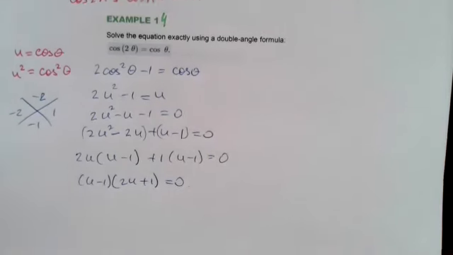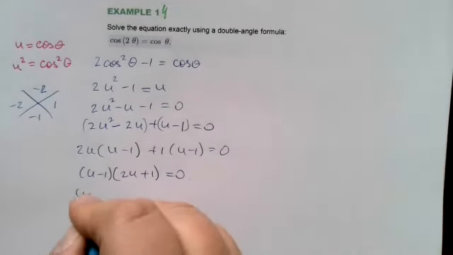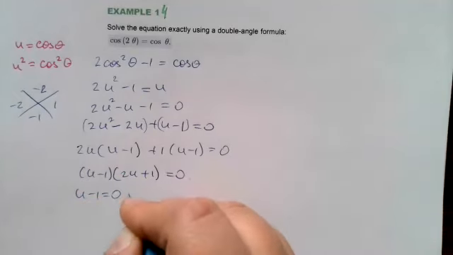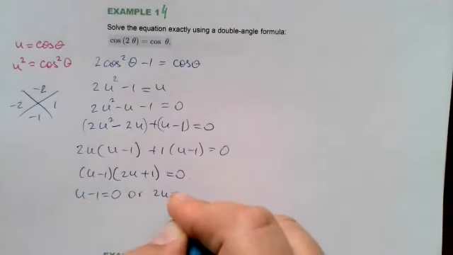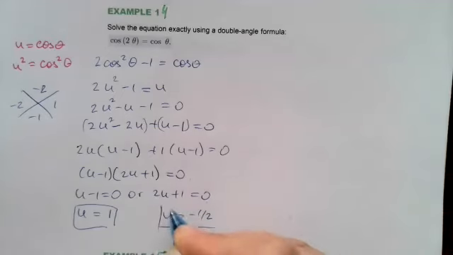So now I have two equations: u minus 1 equals 0, or 2u plus 1 equals 0. Solving for u, I'm going to get u equals 1 for one, and u equals -1/2 for the other one.